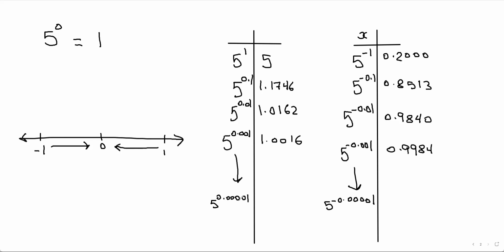You could even go and check out 5 to the power of 0.00001, or throw in as many zeros as you want. And even if you do that, and you put like 4 zeros or 5 zeros or 6 zeros, your answer is going to get even closer to 1. So 1.0000 if we do 4 decimals, that's what we get.